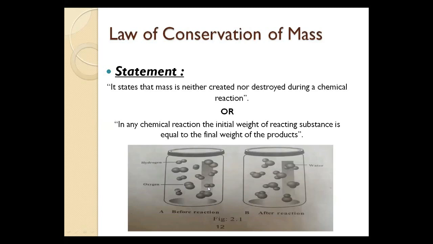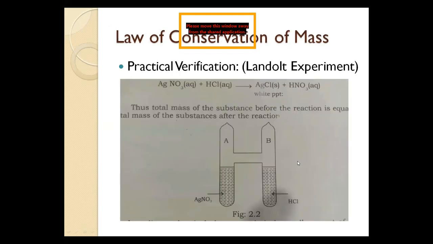It has the same quantity as we had taken before the reaction. So before or after the reaction, they have the same weight. This example proves our statement: the initial weight of the reacting substances is equal to the final weight of the substances.